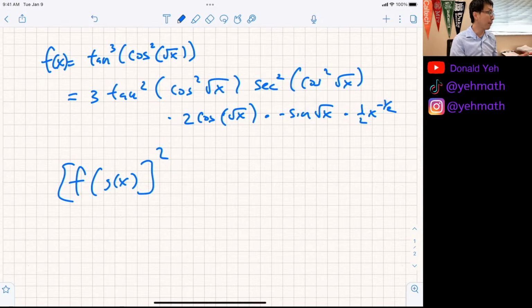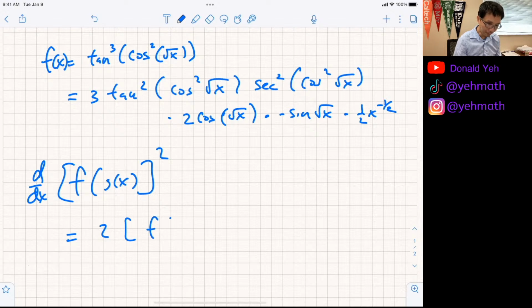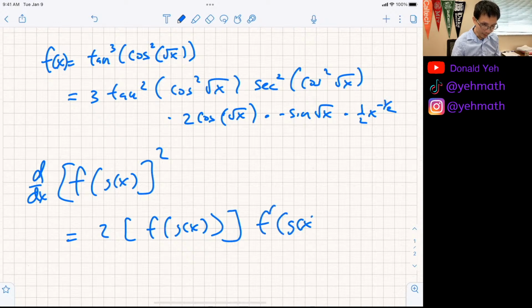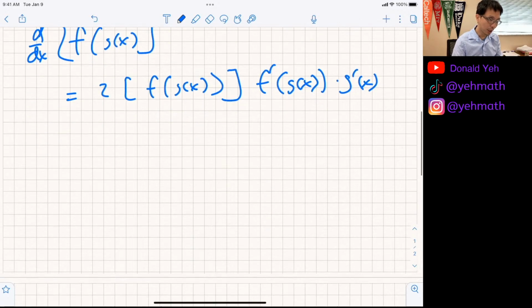This is exactly the same thing. If I take a derivative of this, it's going to be 2 f of g of x times g prime of x. So this one's all okay, right? Okay. We can go and move on.